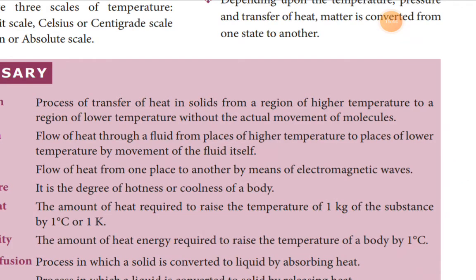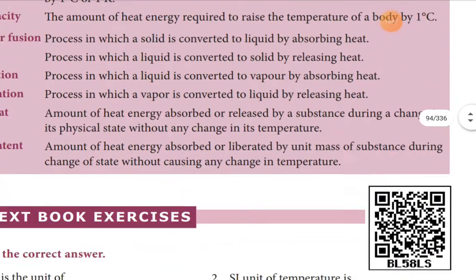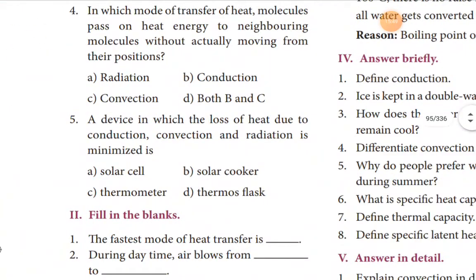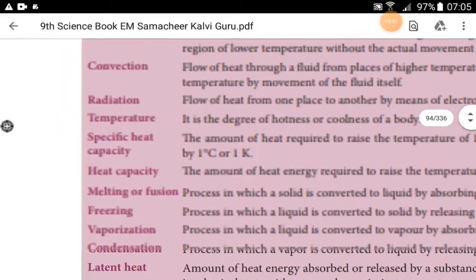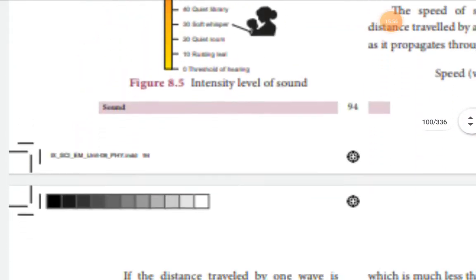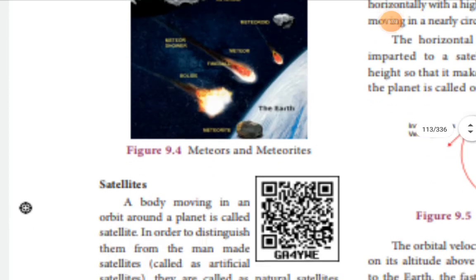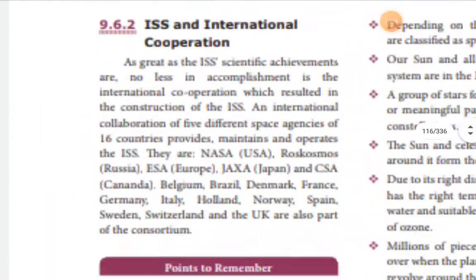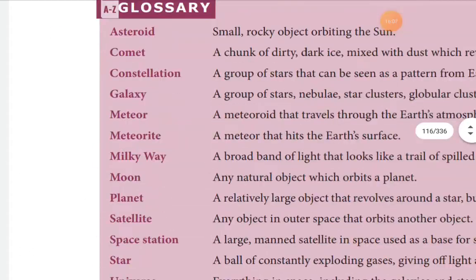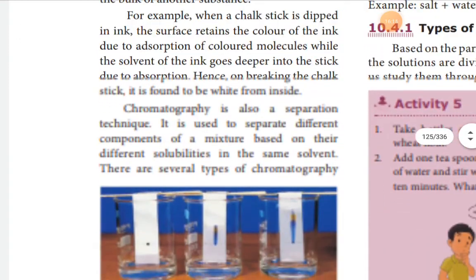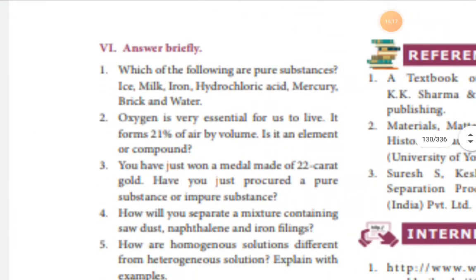So these elements are called lanthanides and actinides. Lanthanides are lanthanum to lutetium, and the actinides are actinium to lawrencium.